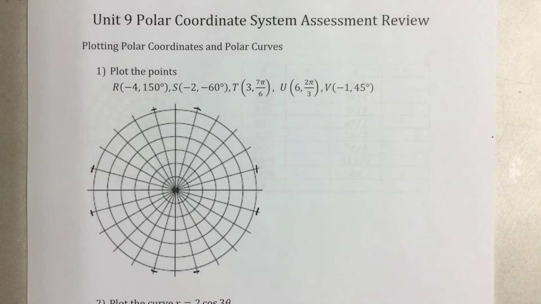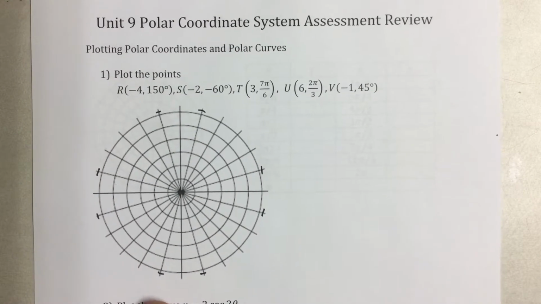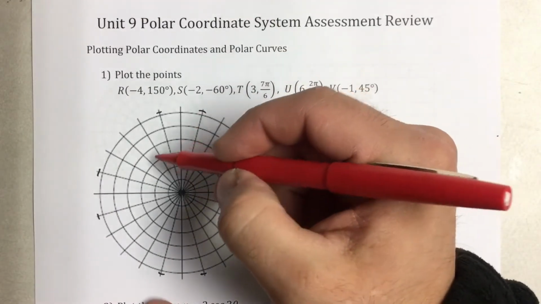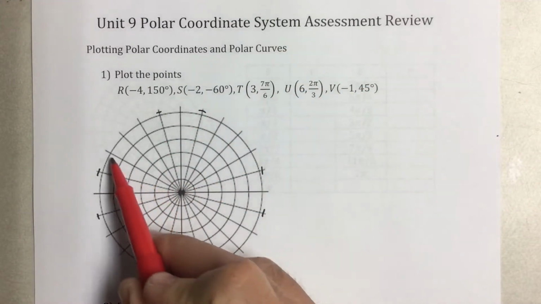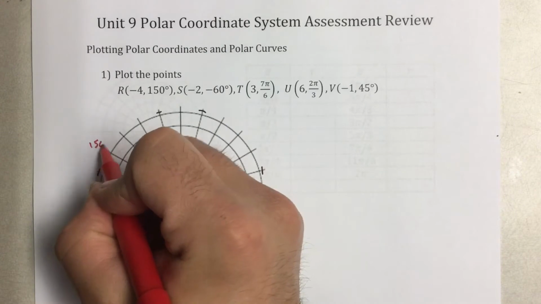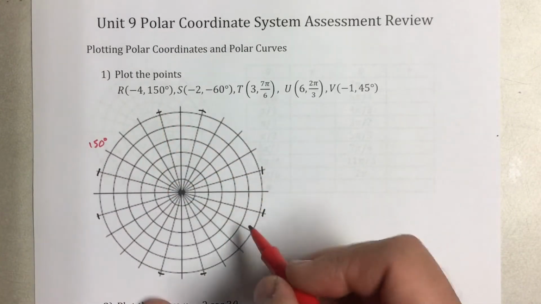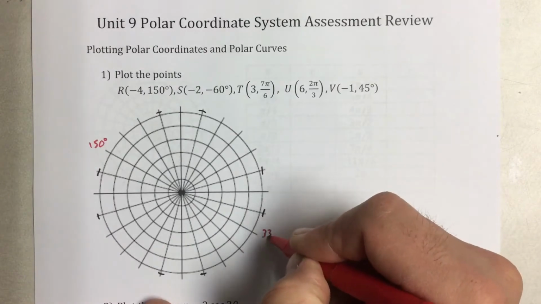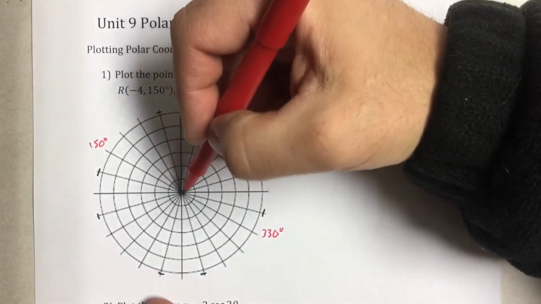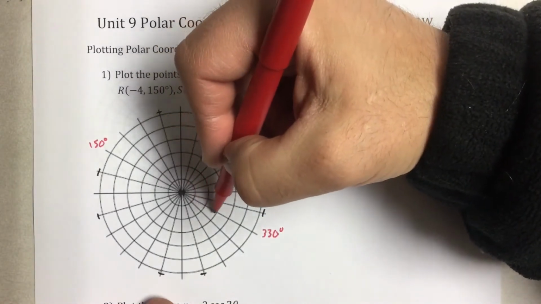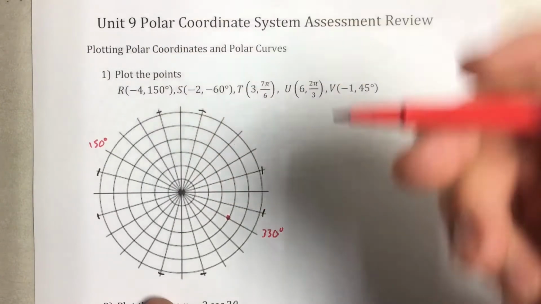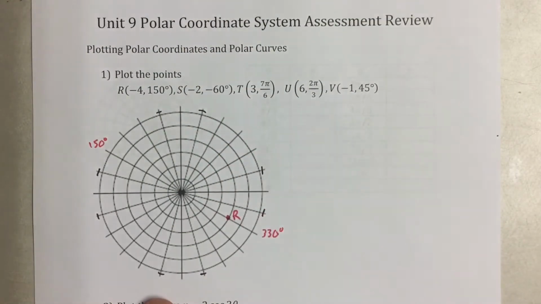So 150 degrees, that would take us to right here. This is 150 degrees. And then -4, so the negative radius takes us through the other side, which would be, this is 330. Okay, and that would take us to 1, 2, 3, 4, and that is R. All right.